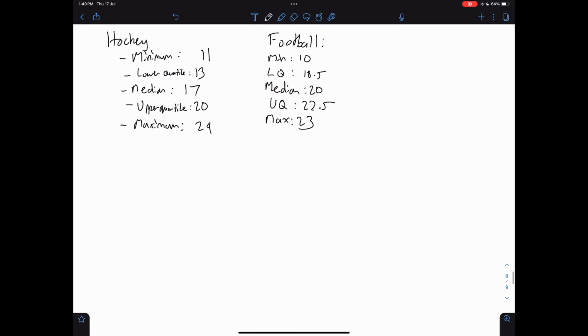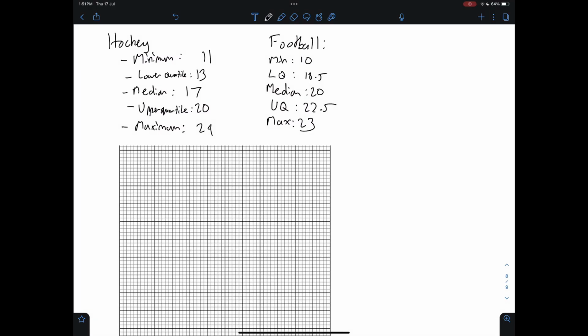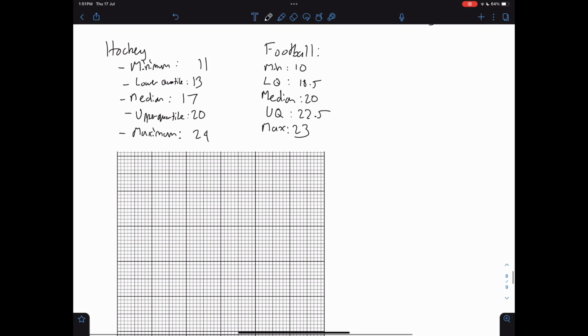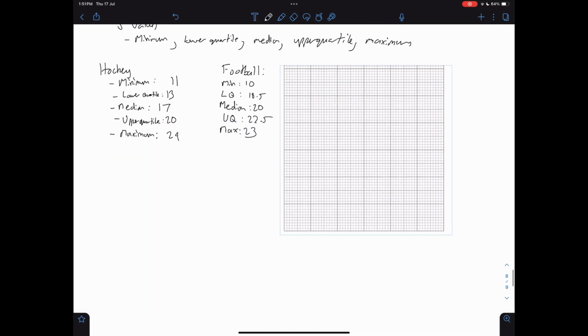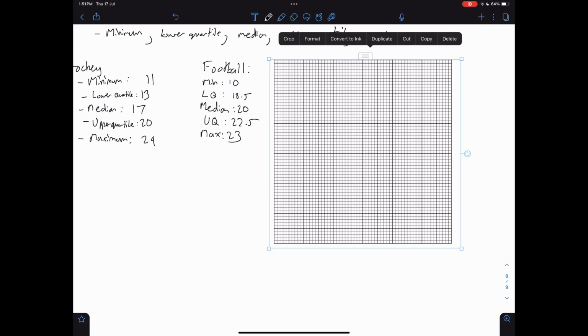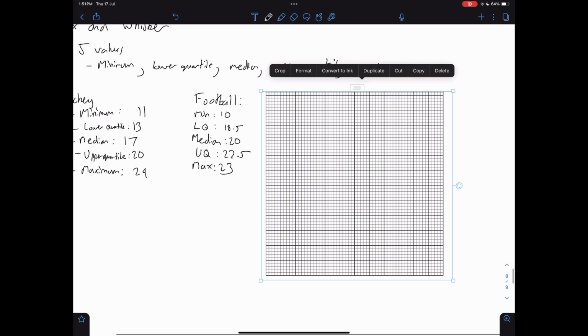And then what you'll do is, hopefully you'll have graph paper. So then on your graph paper, you would construct a scale. I'll just move this up here. Construct your scale.